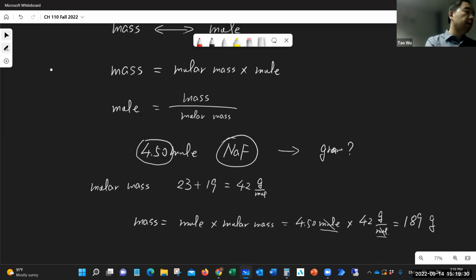Only count the sig fig that the question gave you. The question gave you 3 sig fig, so you keep 3 sig fig. So 189 is the answer. That makes sense. This is how we solve the problem.